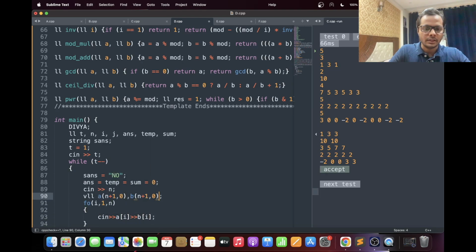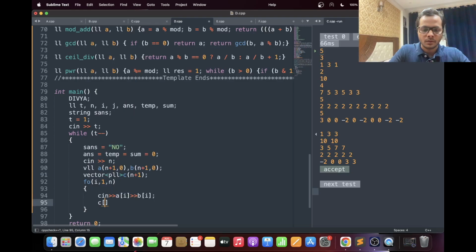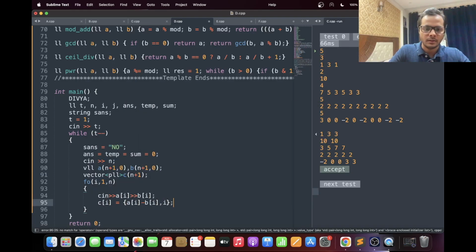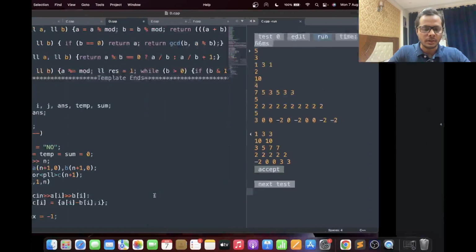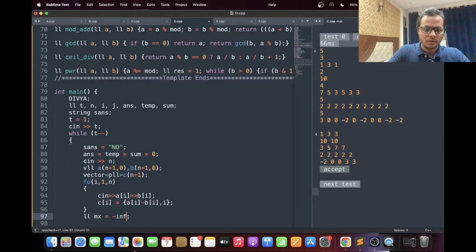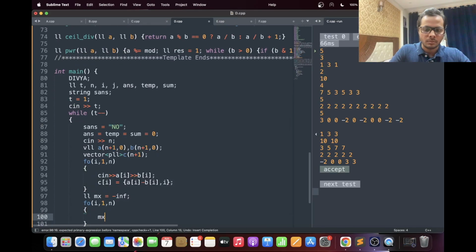So we'll create another array. Okay, vector of pairs c. Okay, now ci is going to be ai minus bi comma I. Now we'll just find out the maximum element here. Maximum is the maximum value of ci dot first.